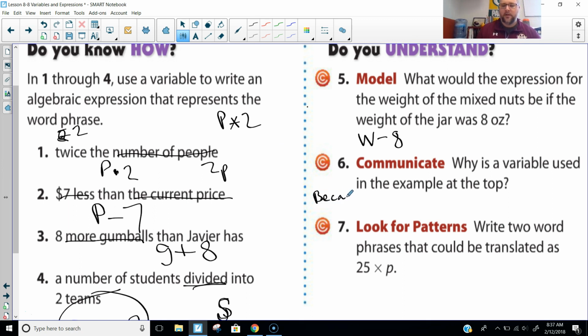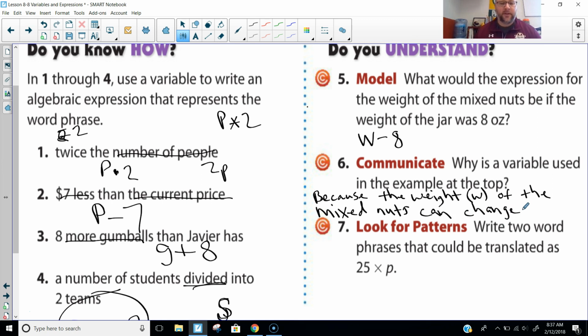Because the weight, I'm going to put a little W in parentheses here, of the mixed nuts can change. Again, feel free to pause the video or rewind if you need to.